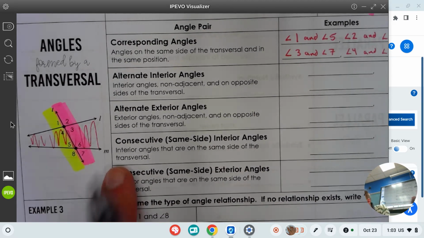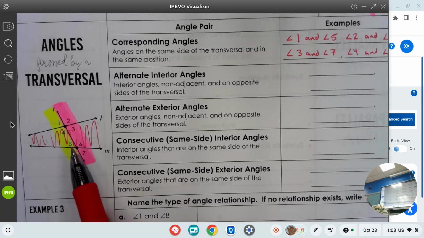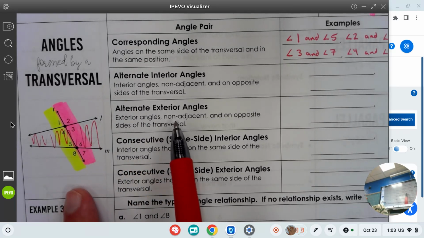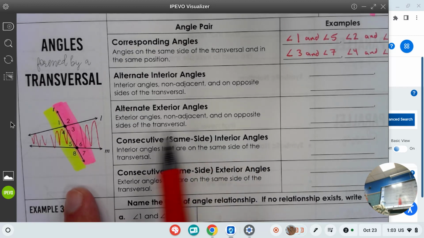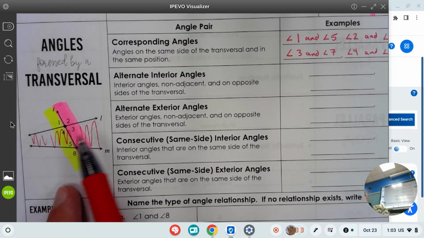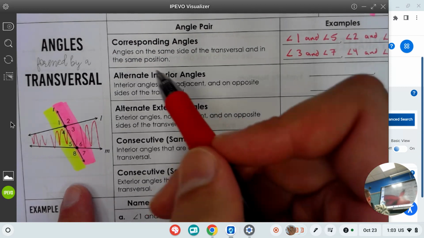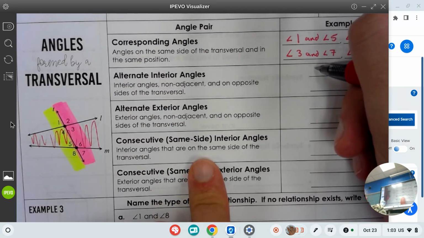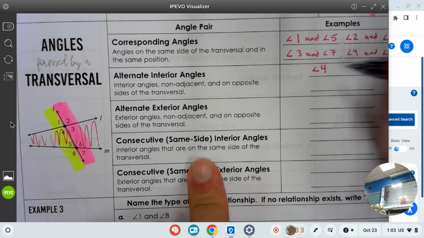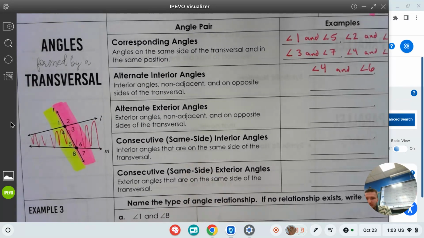We're looking for numbers inside that are also non-adjacent and they're opposite, which means one's from pink, one's from yellow. Your alternate interior angles, I'll give you one of them, angle 4 and angle 6.